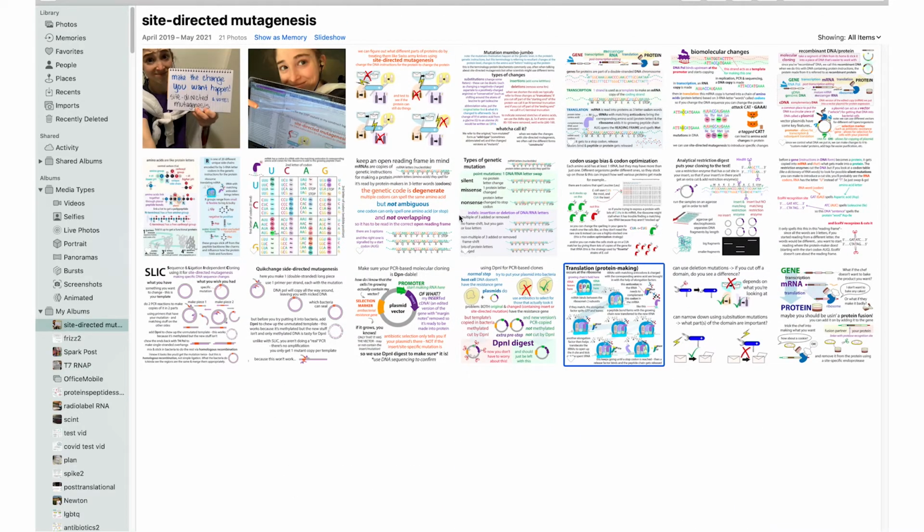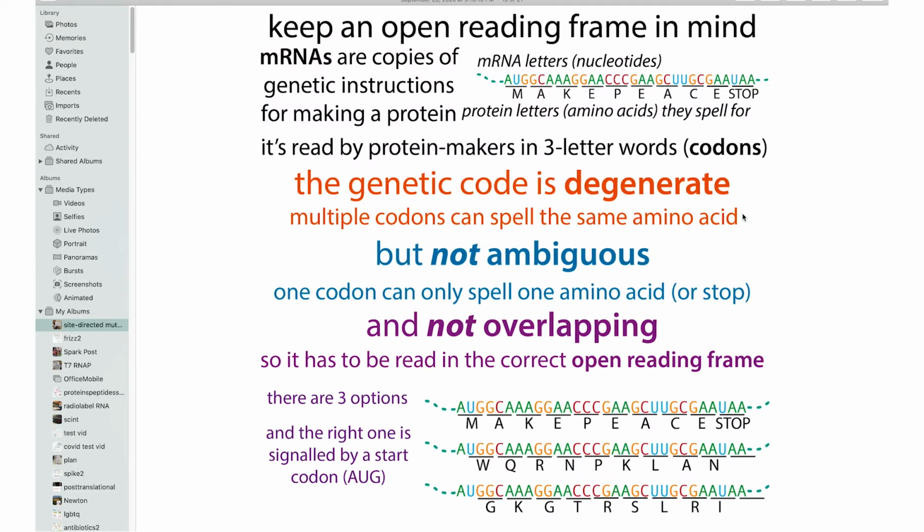So when we talk about this genetic code, it's not overlapping. It knows where to start because it's signaled by the start codon AUG. The code is degenerate, which means that multiple codons can spell the same amino acid, but it's not ambiguous.